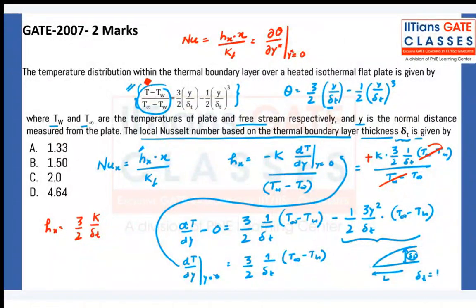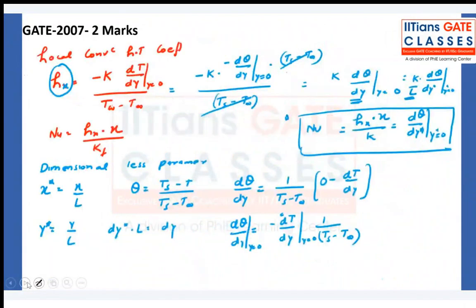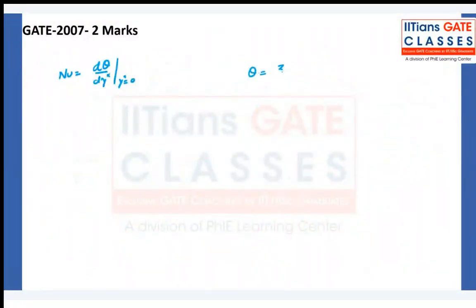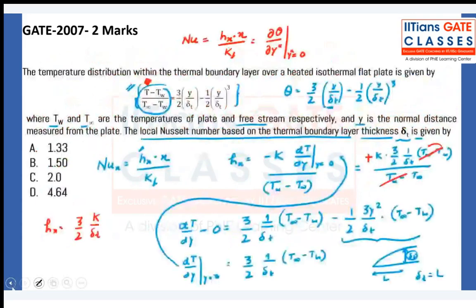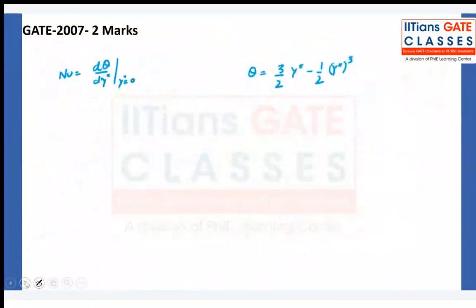So if I replace this, I can write theta equals 3 by 2 y star minus 1 by 2 y star cube. Okay, I have replaced x_t by L. Now d theta by dy star equals 3 by 2 minus 3 by 2 y star square.